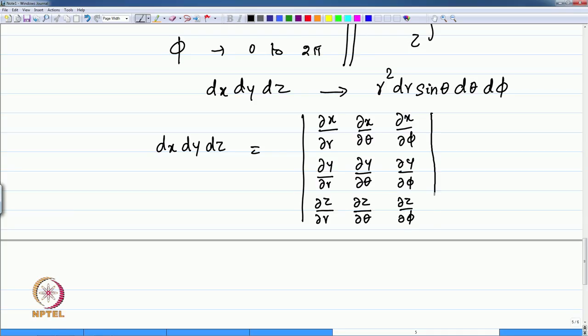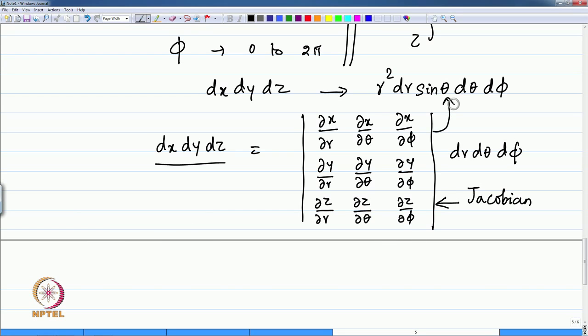The determinant of this, multiplied by dr d theta d phi, is called the Jacobian, and this is an elementary transformation matrix that transforms volume elements from one coordinate system to another, and this Jacobian has the magnitude r square sin theta, with dr d theta d phi.